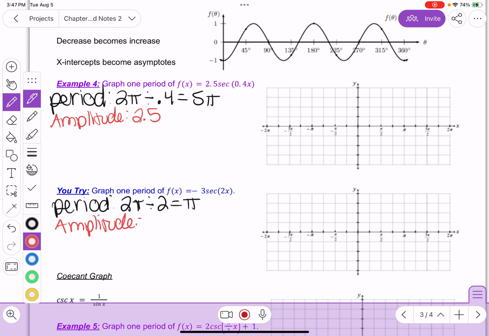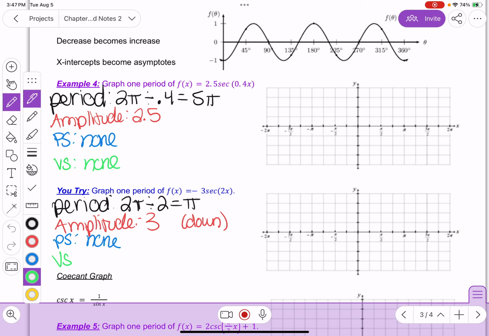It's the absolute value. So this one is 3. You would just go down first, so you'd go min to min. And then nothing is added or subtracted inside for either, so there's no phase shift. Nothing is added or subtracted outside, so there's no vertical shift.